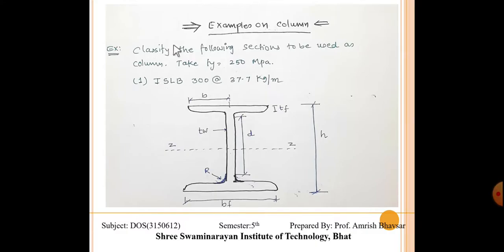So for the section classification, we have to refer to page 18 and 19 of IS 800 2007. We have to refer to both pages. In that case, we have to take the dimensions of the I section ISLB 300, which is given in the steel table.